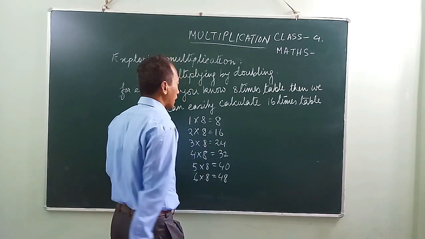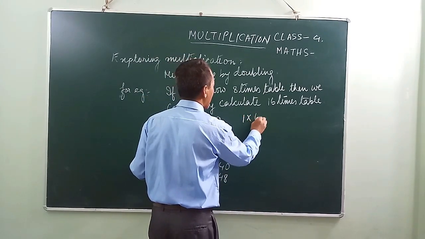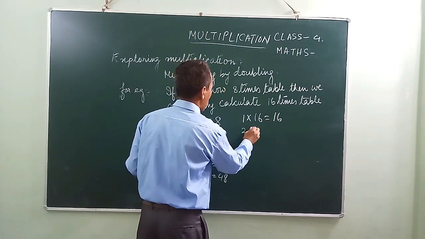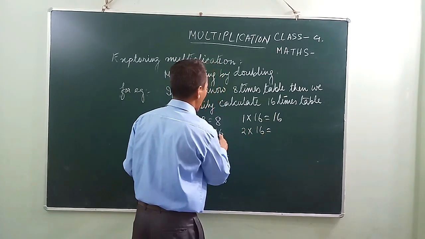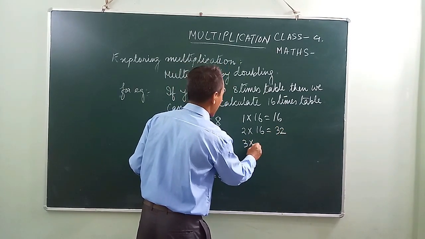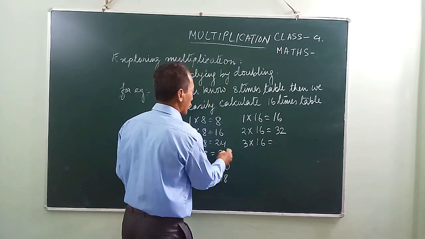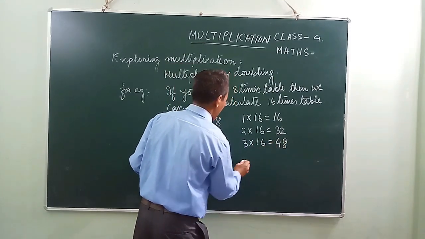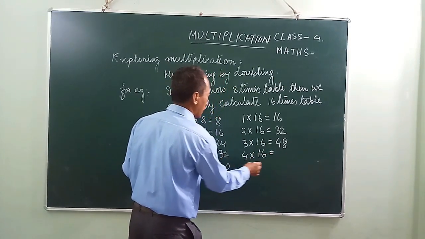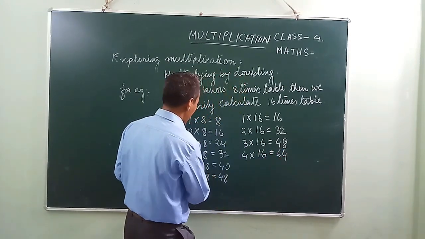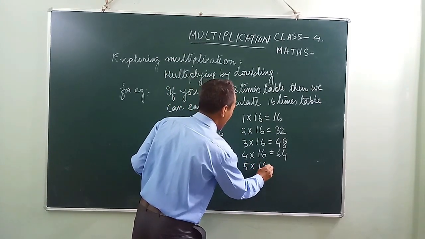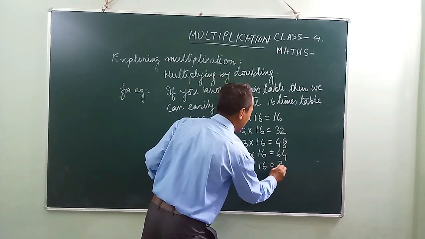So we can easily calculate 1 into 16 is double of 8, which is 16. 2 into 16 is double of 16, which is 32. 3 into 16 is double of 24, which is 48. 4 into 16 is double of 32, which is 64. 5 into 8 is 40, so 5 into 16 is double of 40, which is 80.